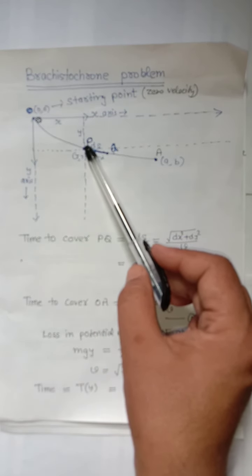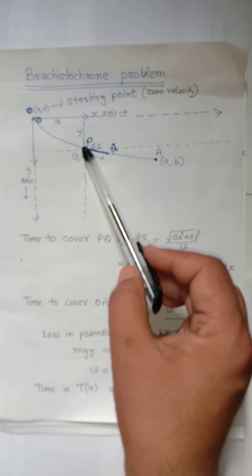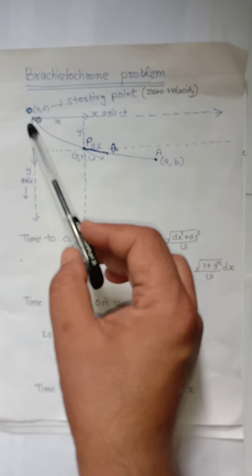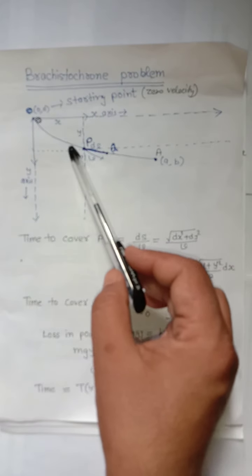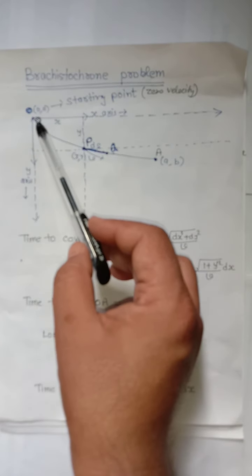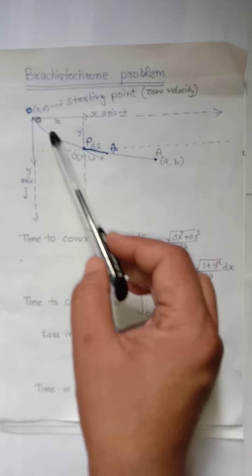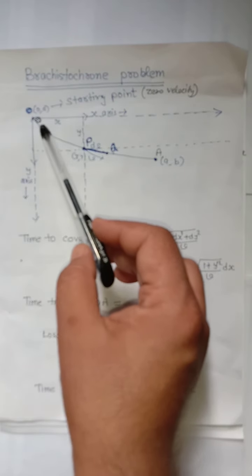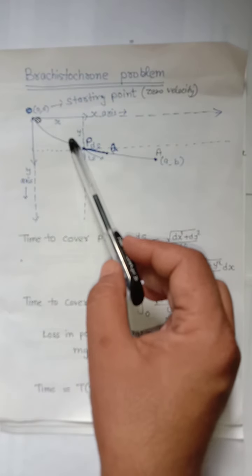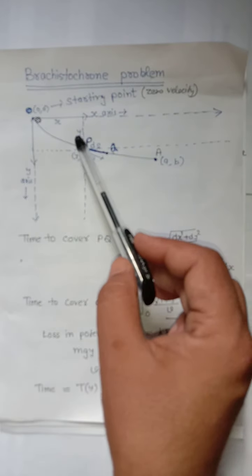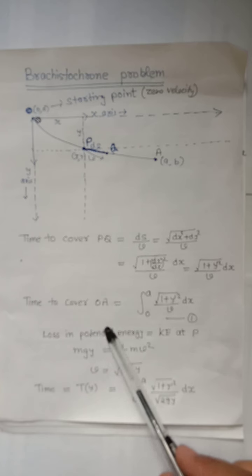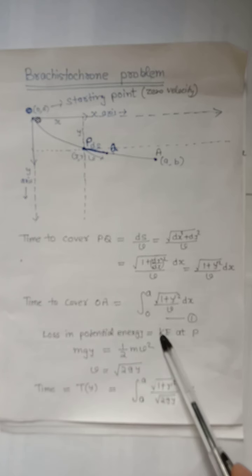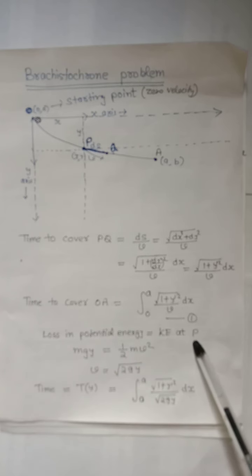So while moving along O to A, there is a loss in potential energy, and this loss of potential energy is converted into kinetic energy. So I can write that the loss in potential energy will equal the kinetic energy at point P.